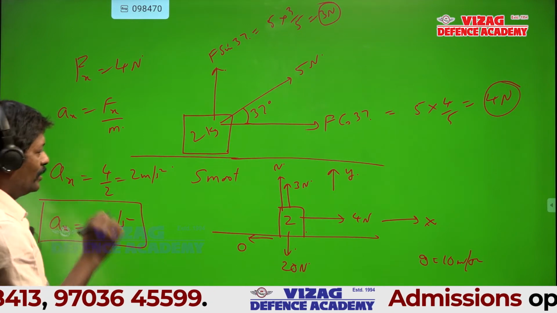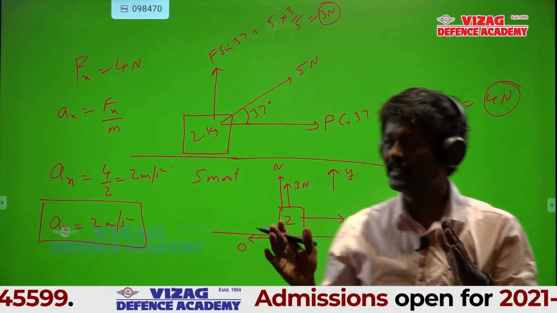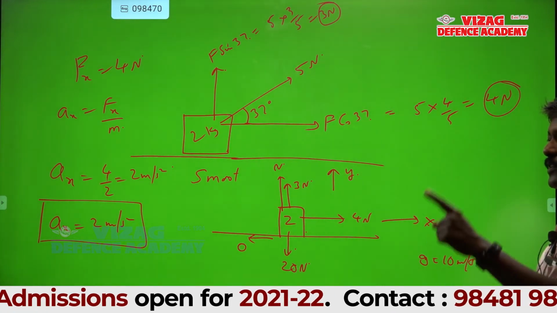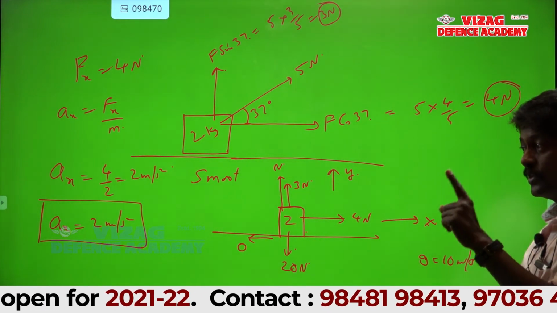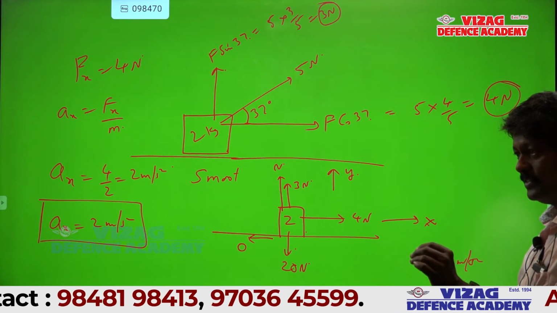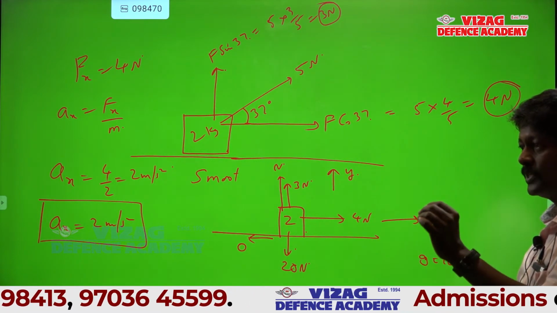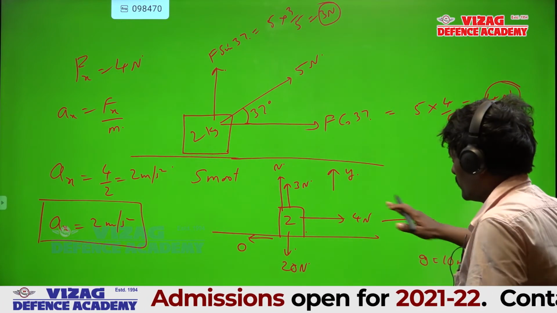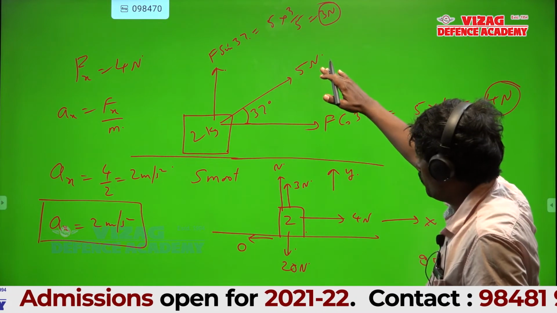Now tell me, what is the acceleration of the block? Horizontally, the block is moving in the x direction with an acceleration of 2 meter per second square. Very good. Is the body moving up or down?